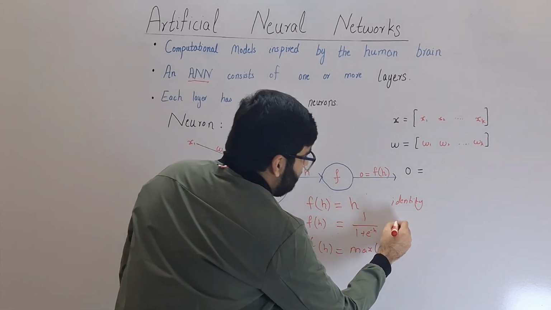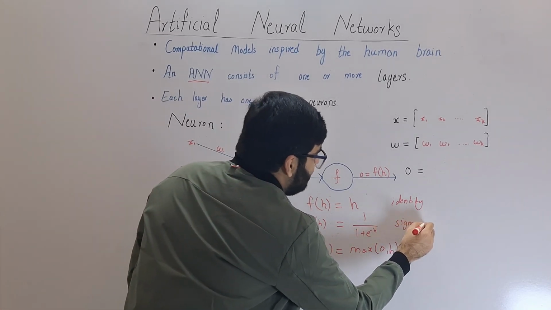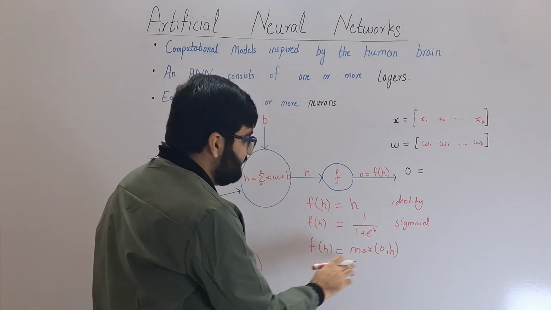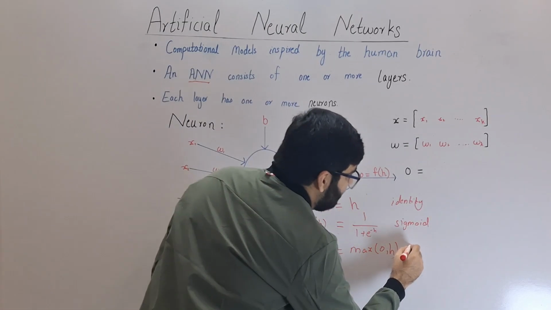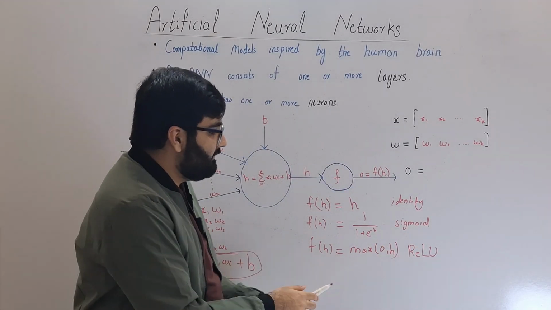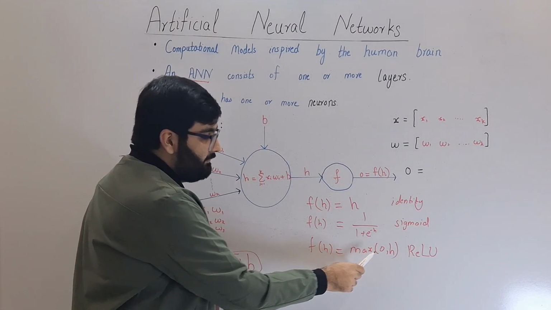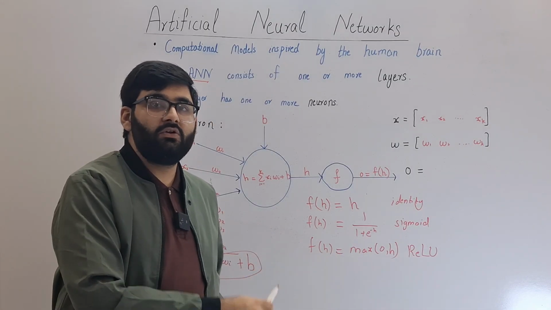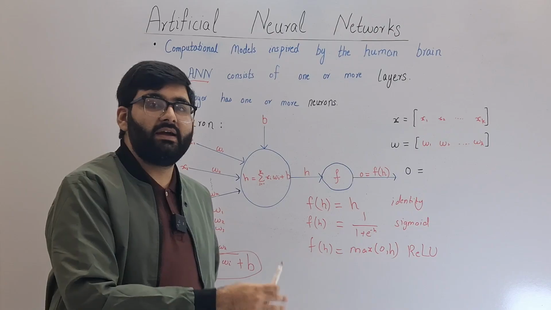This is a sigmoid function, and it outputs a value between 0 and 1. This is the ReLU function, or the rectified linear unit function, and what it does is if the input is below 0, it outputs a 0, and if the input is 0 or above, it outputs the input as it is.